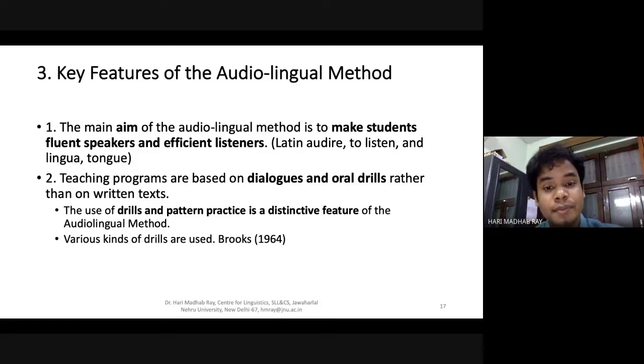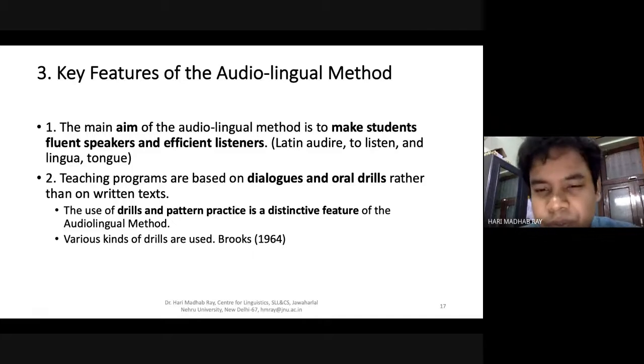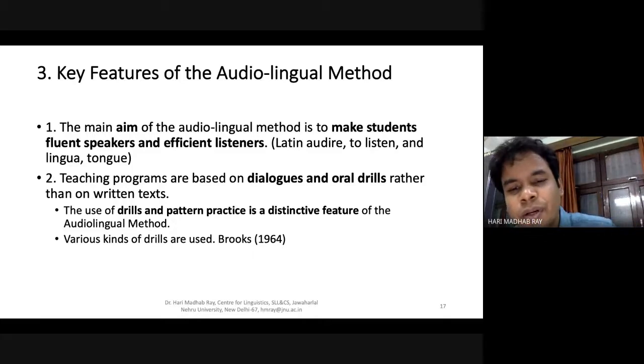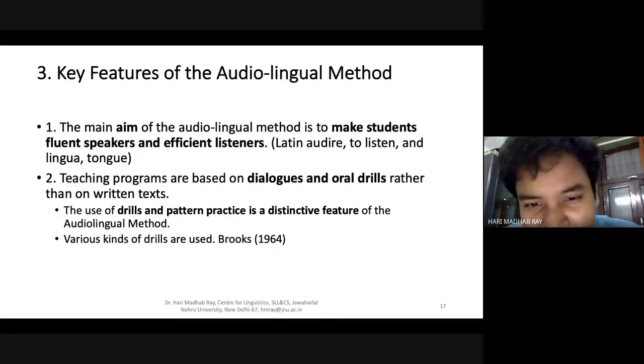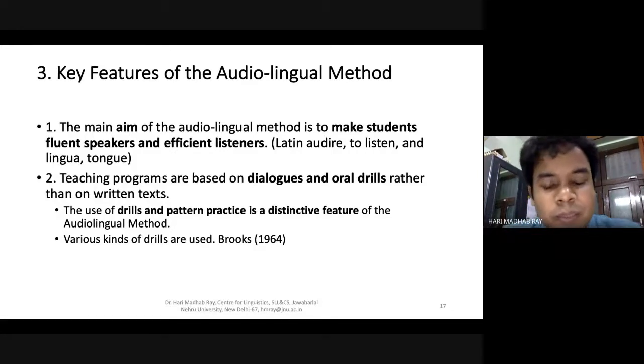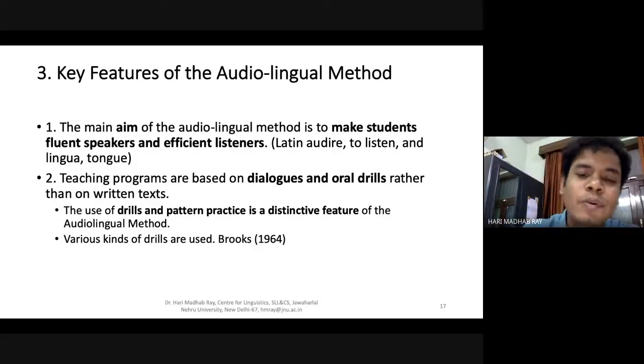So various kinds of drills are used, and Brooks talks about them. Today I'll tell you what kinds of drills are used, and this is from Brooks 1964.